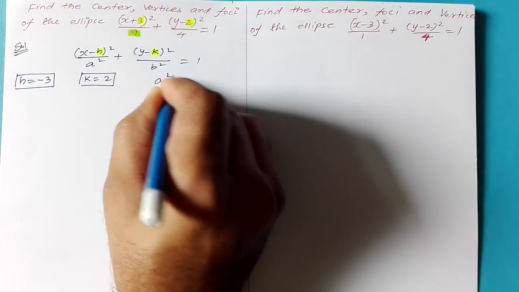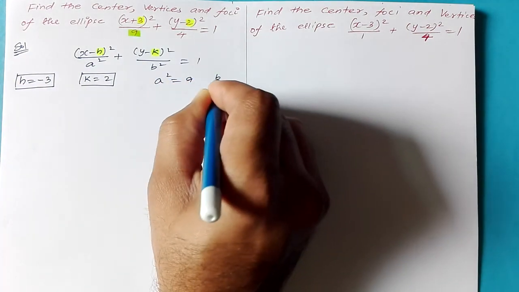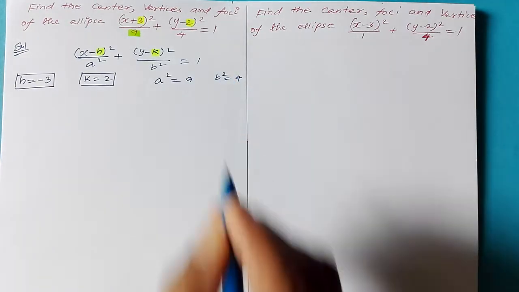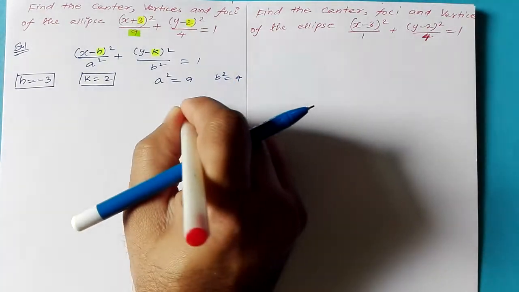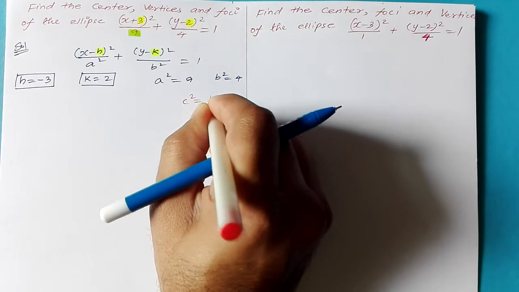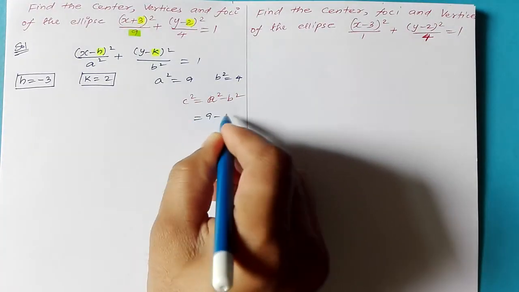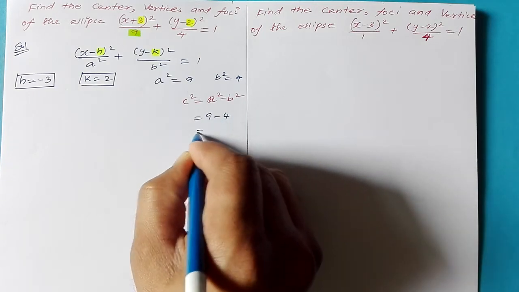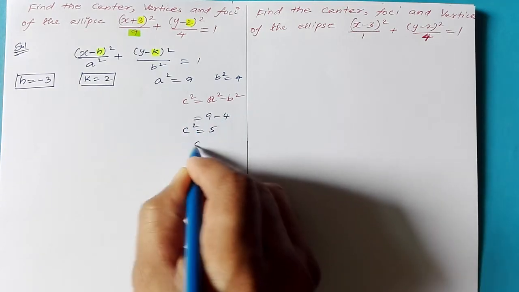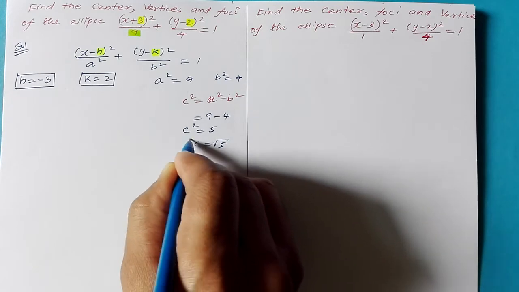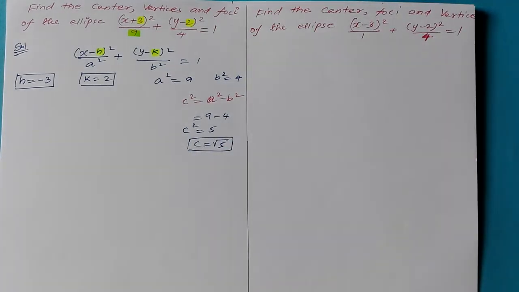What is a square? A square is 9, b square is 4. Now we calculate c square. C square is a square minus b square. So 9 minus 4 is equal to 5. C square is 5, so c is equal to root 5.